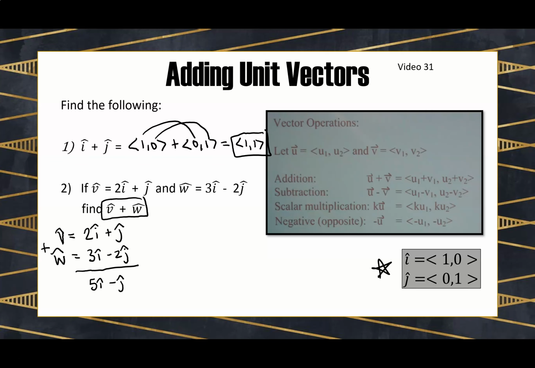Well, now I need to go back and kind of substitute in, if you will. So this 5I, instead of writing I, I'm going to write the 1, 0, which if you're forgetting where that comes from, you're going to look at this over here. And then I'm going to have minus, and then I'm going to have my J, which is going to be 0, 1. So let's go ahead and do the distributive property here. We're going to have 5, 0, and then this is going to be minus 0, -1. Okay, and that should change to a plus actually, right? Because I've already distributed that negative in.